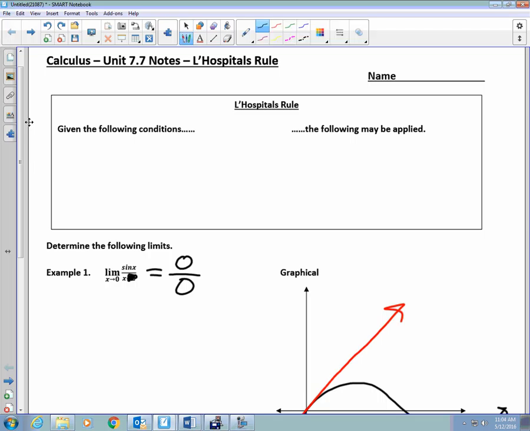Given the following conditions: the limit as x goes to a of f of x is equal to the limit as x goes to a of g of x, which is equal to 0.